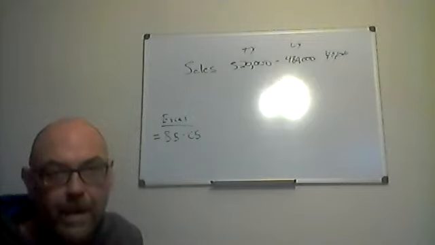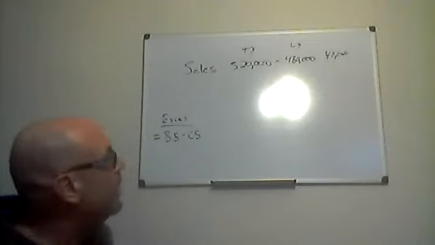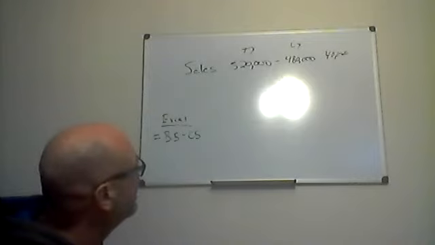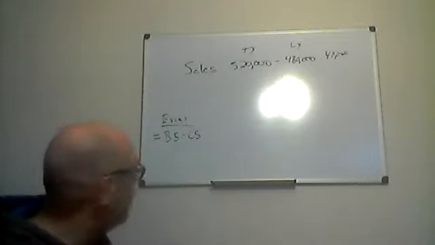Okay, and that'll put that number in there for you. The first thing you want to do is find the change all the way down the board for every one of those.